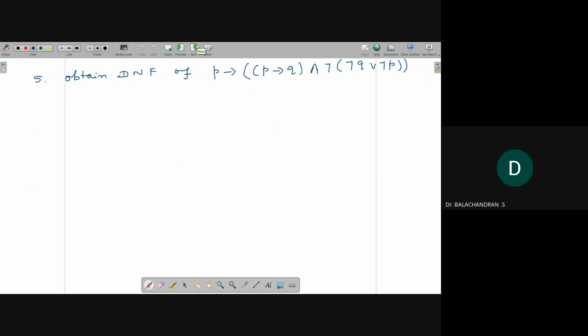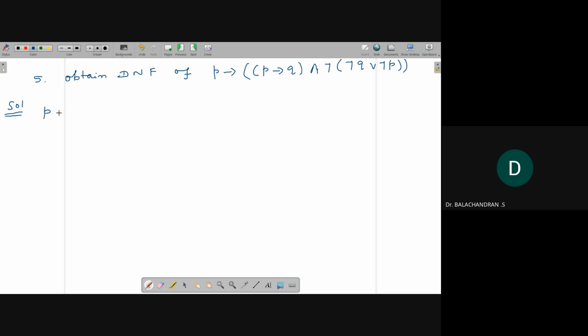Okay. So here, obtain DNF of P implies Q and negation Q or negation P. Solution. So first I'll write the formula again here.